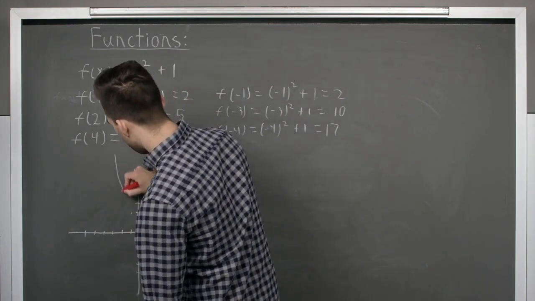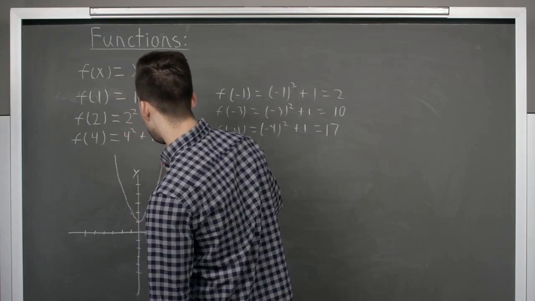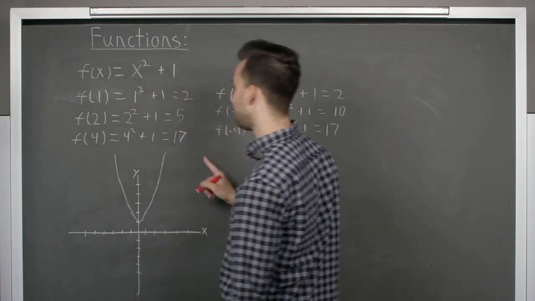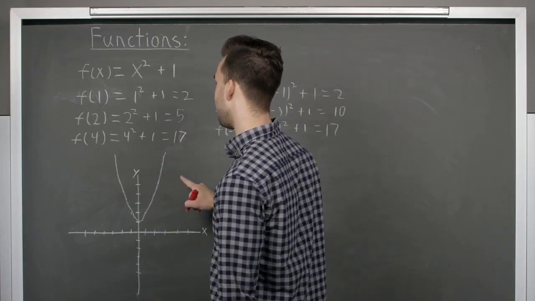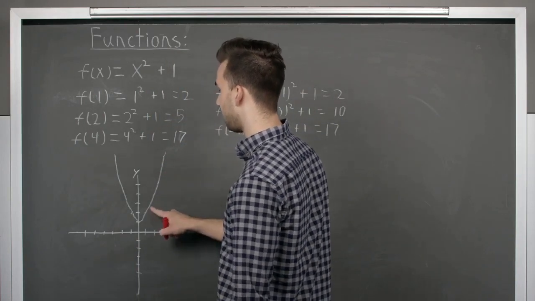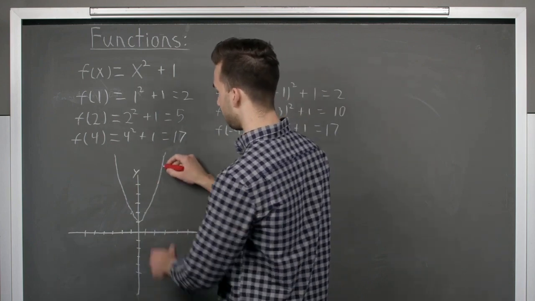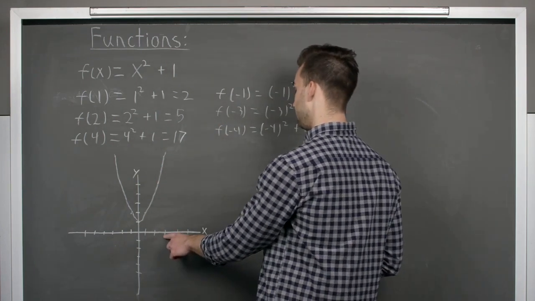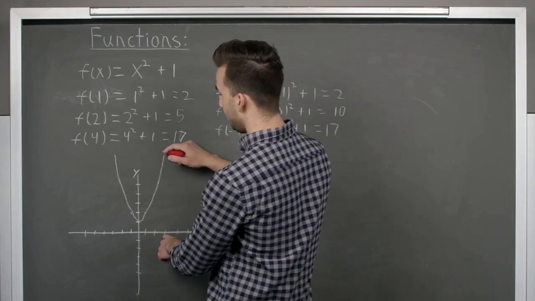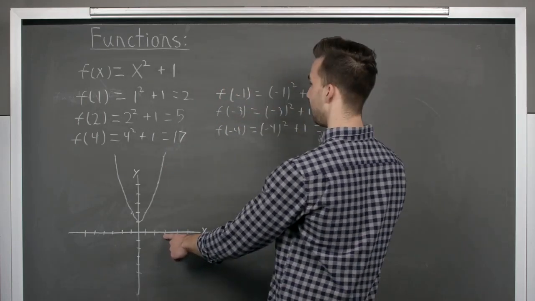And so what a function is, it's basically just a line where whatever value of x you have, you can look at the line or the function and it'll give you the value, say, if I want to know where my x is 3, my y is going to be 10, right?